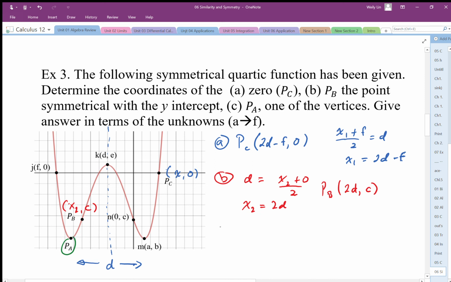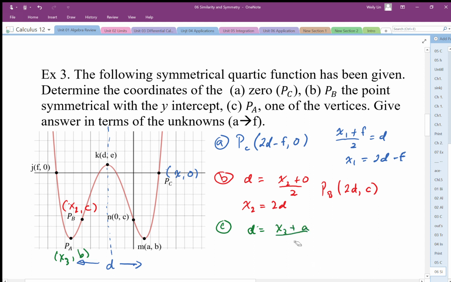Okay, that would work. Again, I'm just going to do the middle. My middle D is equal to this point, and maybe I'll label this point. This is going to be X3 this time, and the Y coordinate is B. So I'm going to take X3 and add A divided by 2.